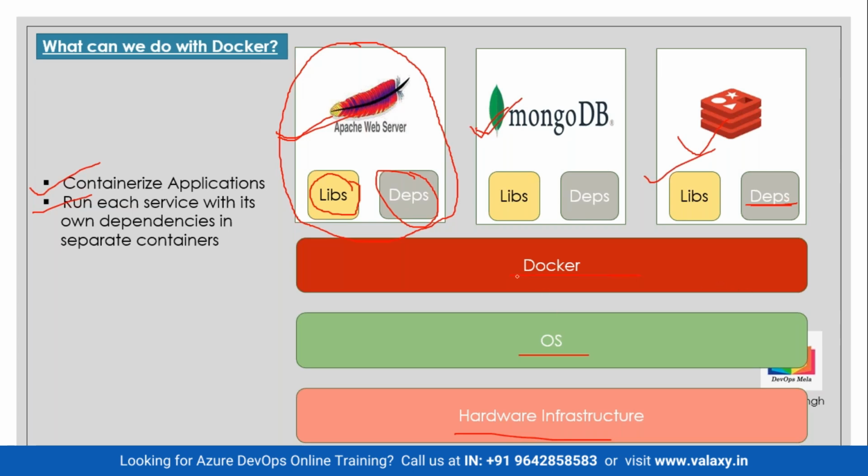So basically Docker uses the same underlying kernel. So they have their own library dependency, they have their own storage, they have their own services, they have their own processes. But one thing is common across all these containers, that is they are sharing the same underlying kernel of the OS.